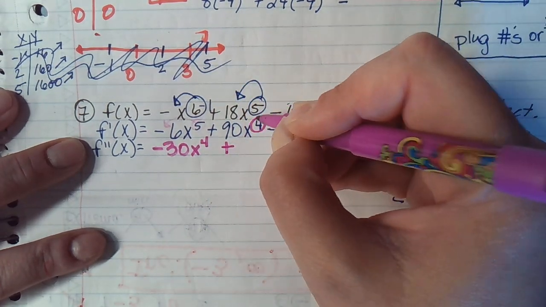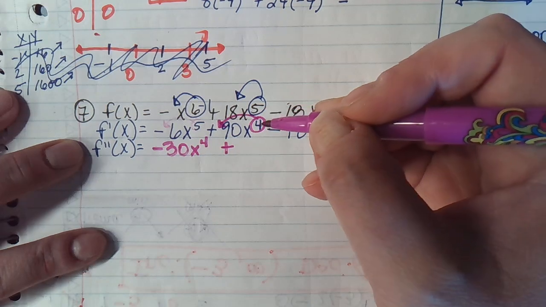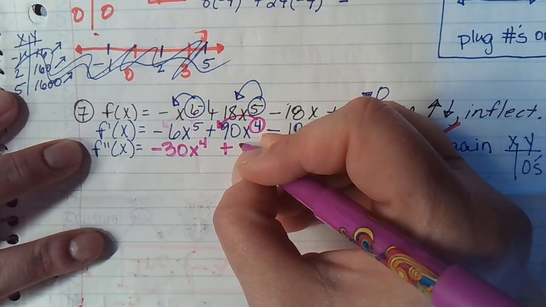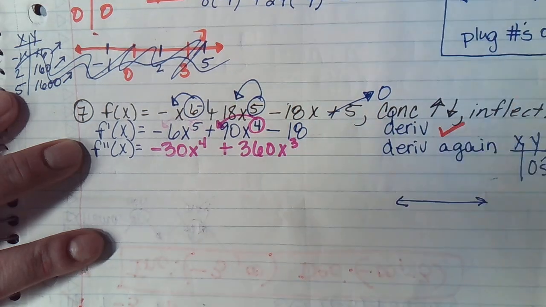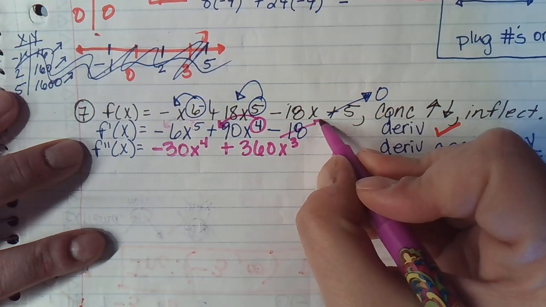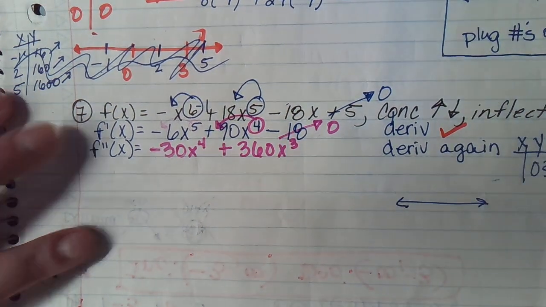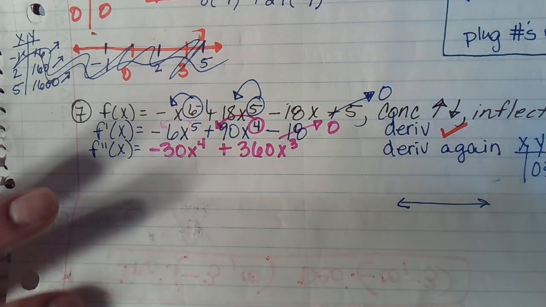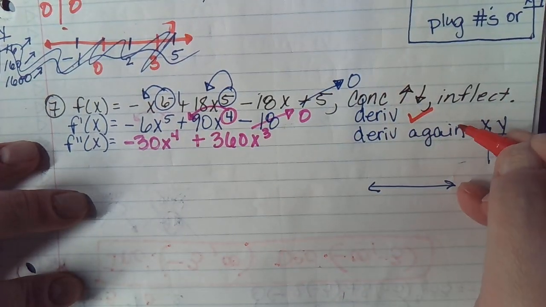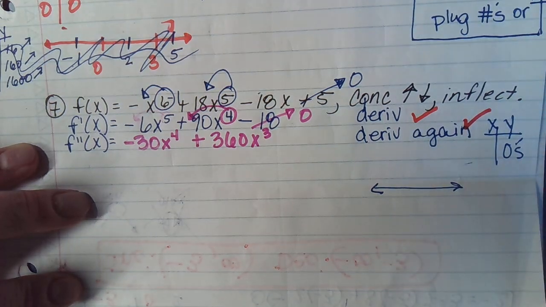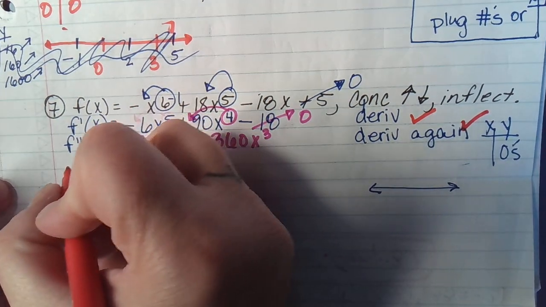Plus, bring down that exponent 4 and multiply it in front. 4 times 90 is 360. Subtract 1 from the exponent, 3. The derivative of this naked number, 18, goes to a 0. All right, so we took the derivative. Then we took the derivative again. Yes. Now we're going to look in our t-chart.